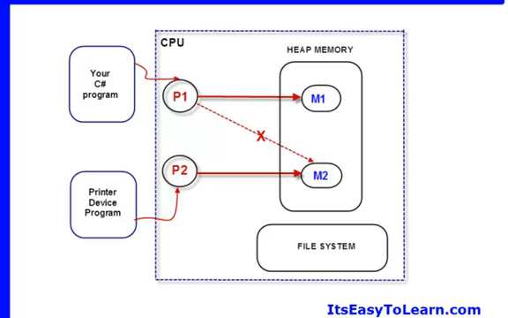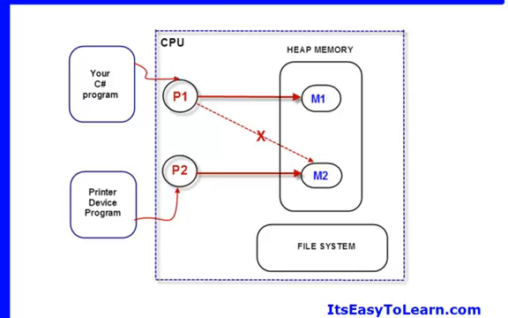Okay, so please get this very clear. Every program you write is converted into a process which has a memory allocated to it on the heap. The file system, which is a hard disk, is a separate entity from your heap memory. It is in the file system that the actual file is stored with a file name and a file path.